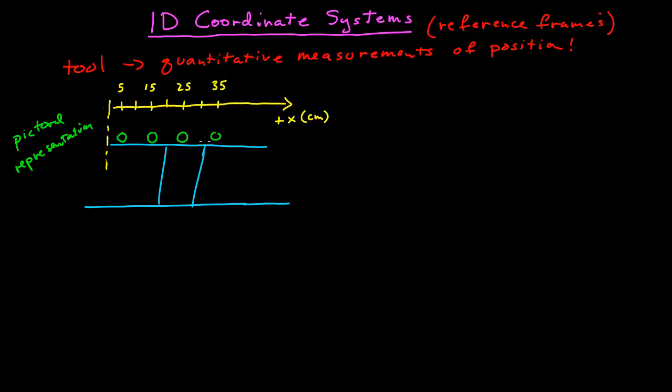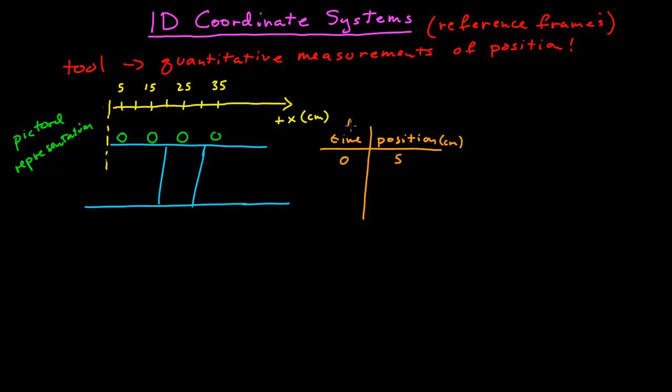If I wanted to look at this in another representation, I could make a tabular representation of what's going on. Time and position, given my coordinate system: at time equal to 0, the position is 5.